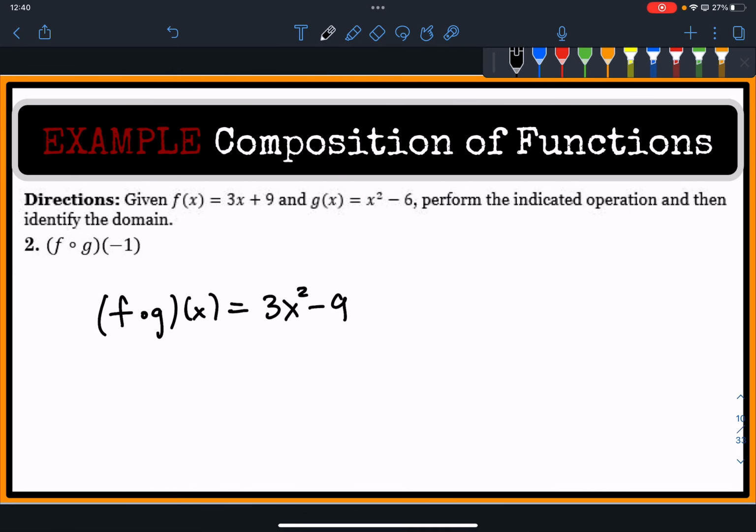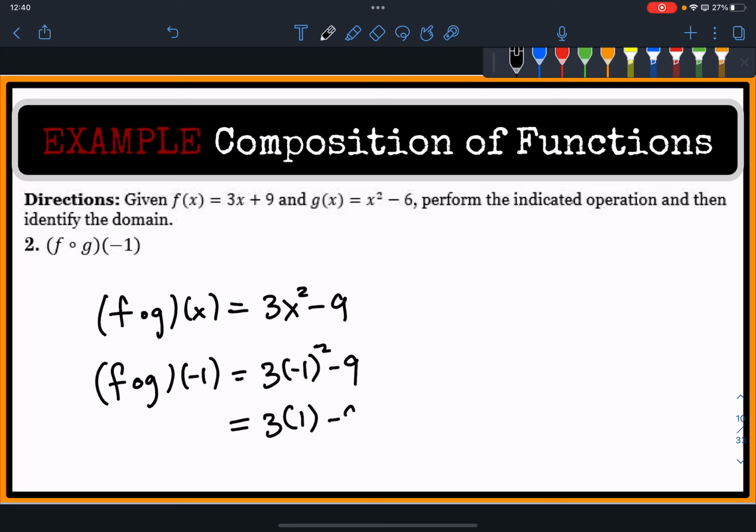So using that composition, now I want to plug in -1. So the answer is -6.